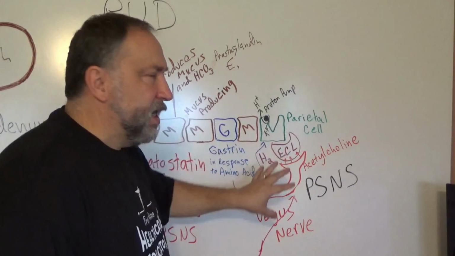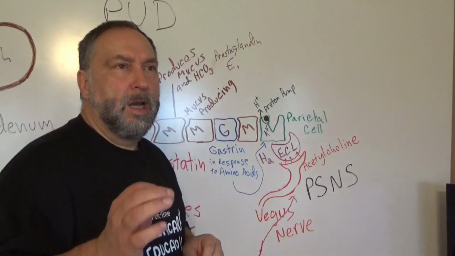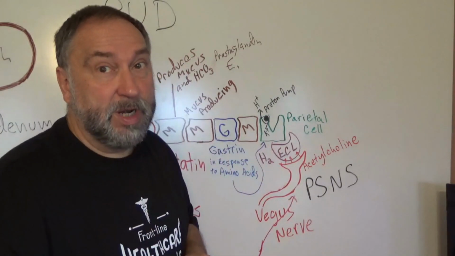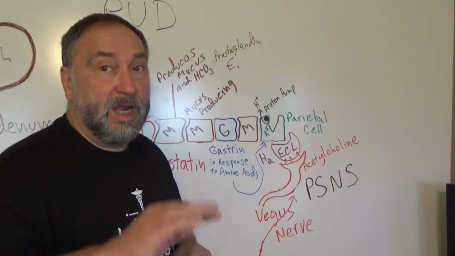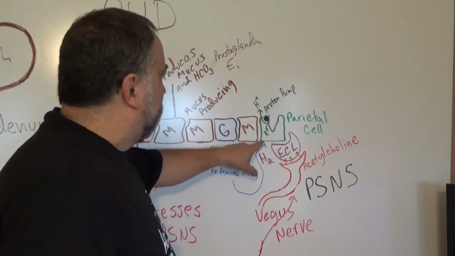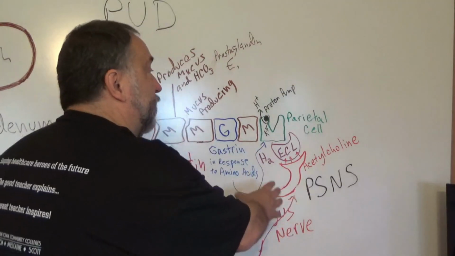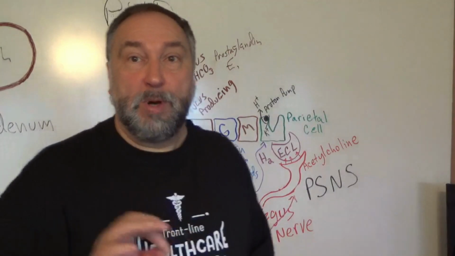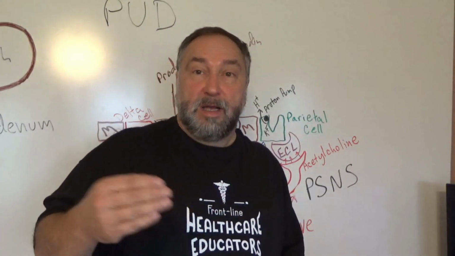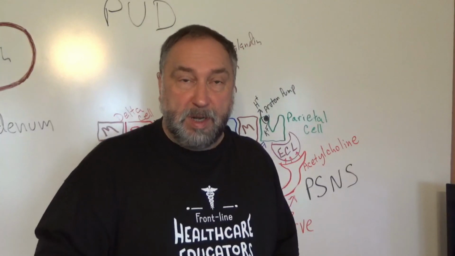So if you give them an H2 blocker like, ranitidine has been taken off the market, but you still have cimetidine out there and famotidine. Don't know if they're going to end up being taken off the market. I don't really know any of those details, but they might have an H2 blocker, they might have a proton pump inhibitor post-surgery, just to protect the stomach from high acid after the surgery has been done.